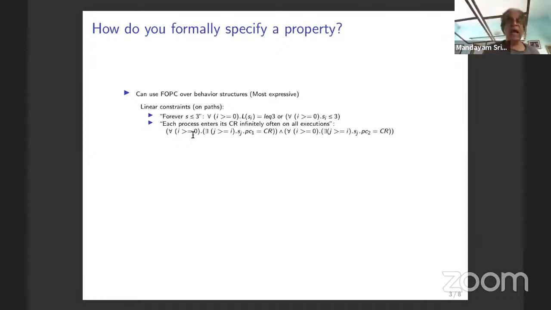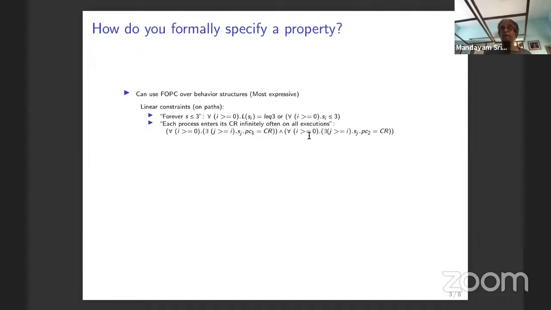For every index i on that path or trace, there must be another position j, at or after i, such that sj.pc1 is equal to CR.